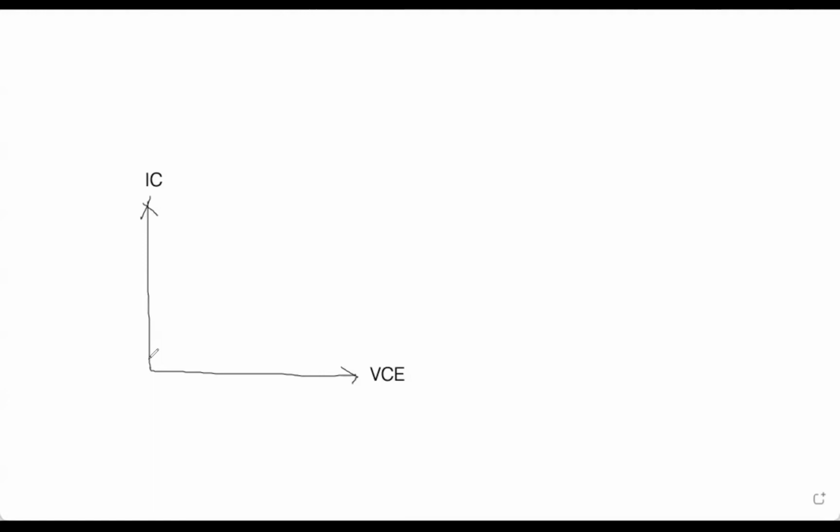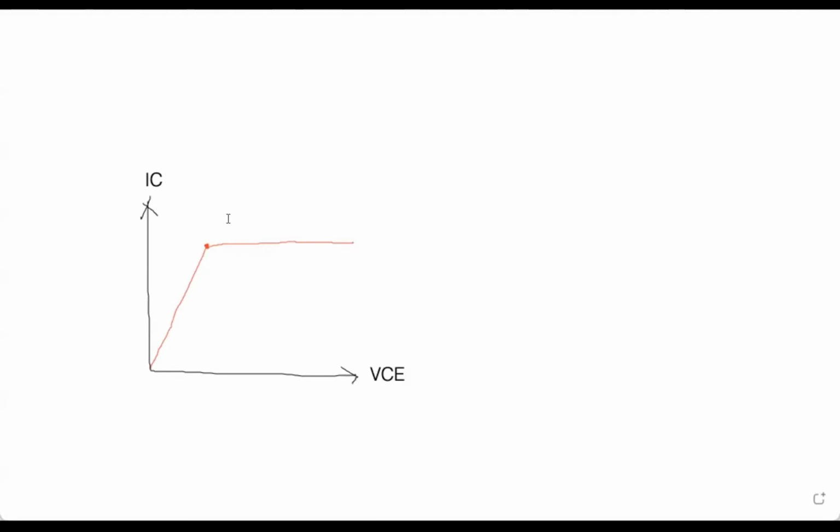The collector current is proportional or linear with the collector-to-emitter voltage, and at some point the collector current becomes almost constant. All right, so this is the output characteristics for a bipolar transistor.